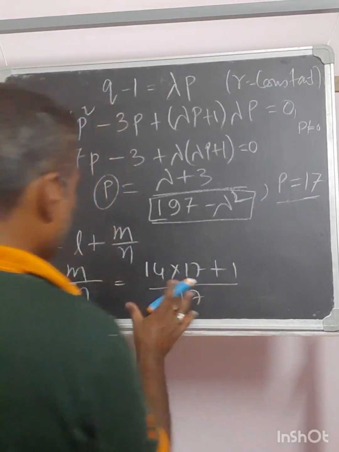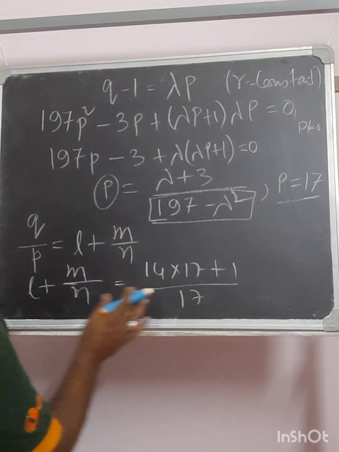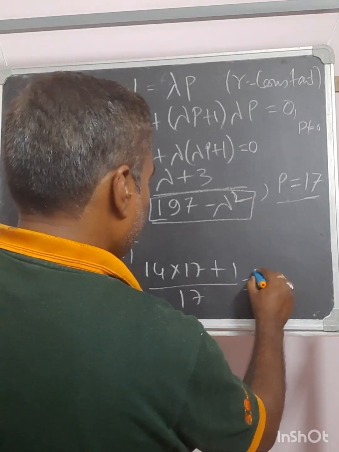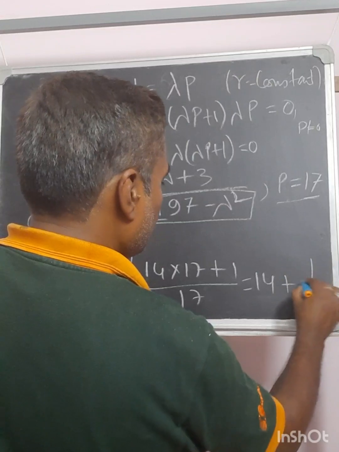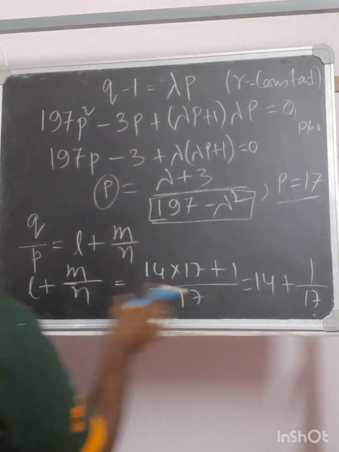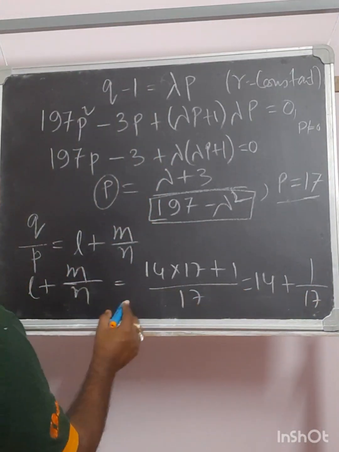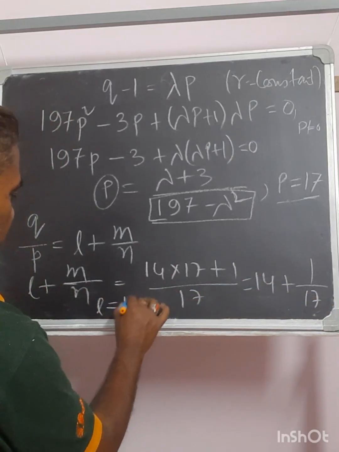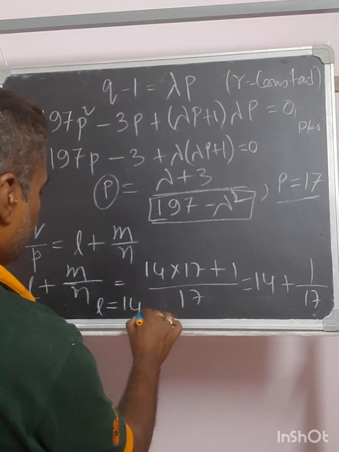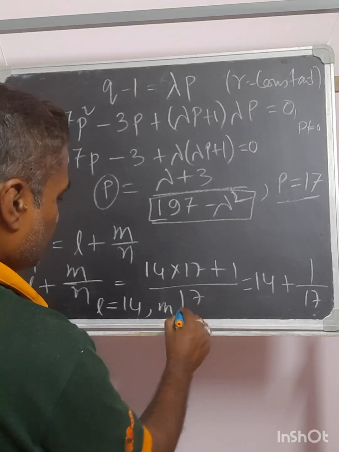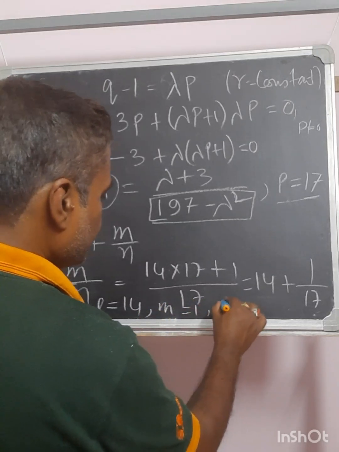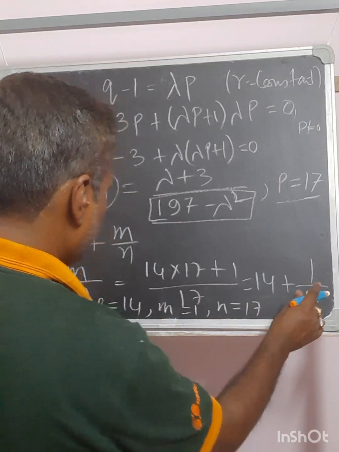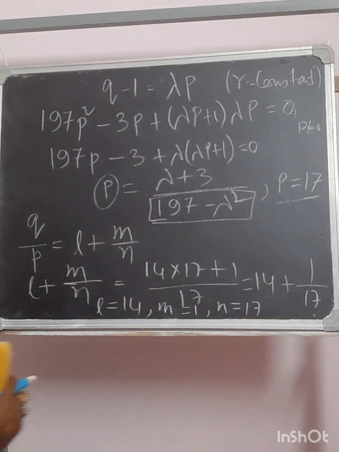So if I make it like that, I will get 14 plus 1 by 17. That means comparing the two sides of the equation, I definitely get L is equal to 14, M is equal to 1 and N is equal to 17. So I am getting this value by comparing the sides.